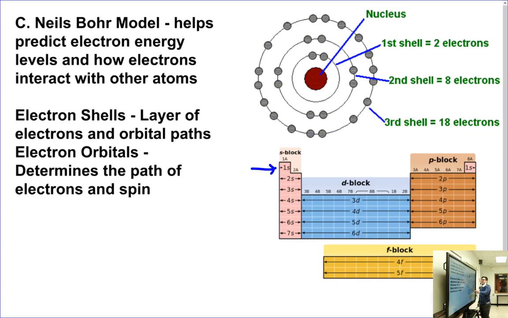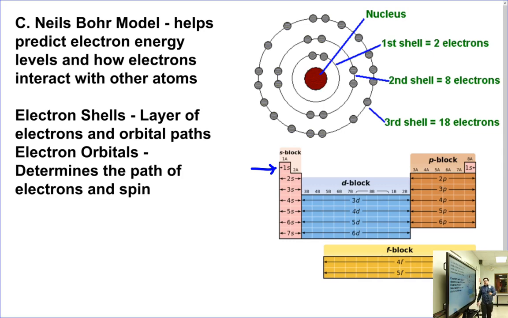Do we see how the first number right here is a 1? Follow me there? That 1 signifies what shell you're in. So the first shell of electrons can hold at most 2 electrons. Okay?